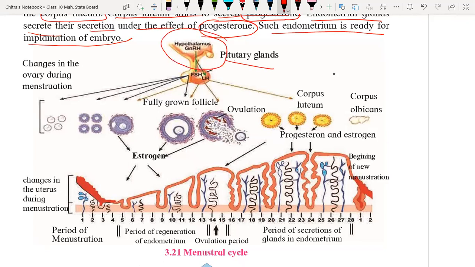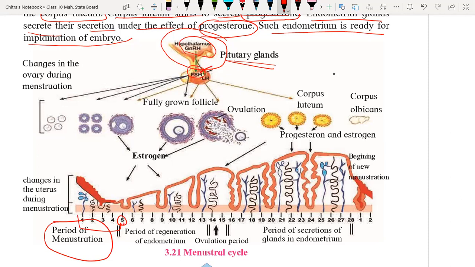The pituitary gland secretes the follicle stimulating hormone and growth hormones, due to which the follicle becomes active and starts functioning. See here the time period is given: the period of menstruation, which starts from day 1 to day 4 or sometimes 5.